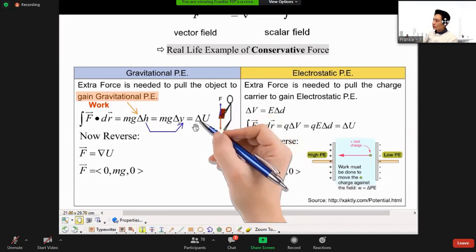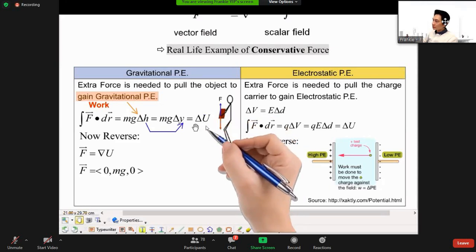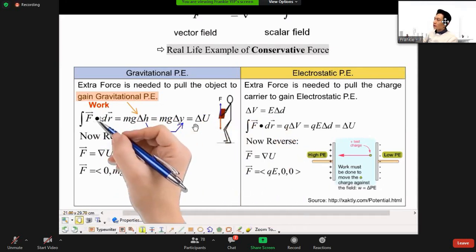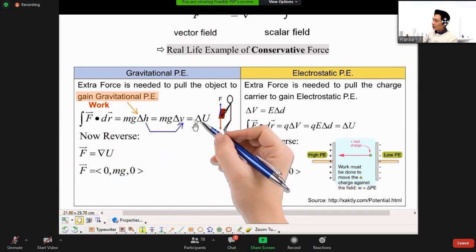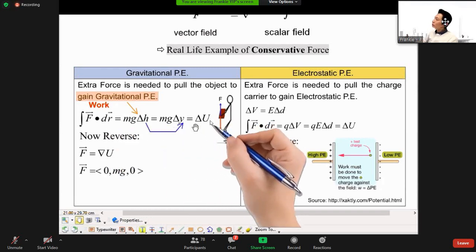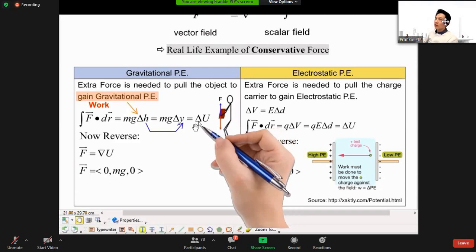So can you see that? Integrate this work done, and it becomes delta U. Delta is something like the difference between, right?